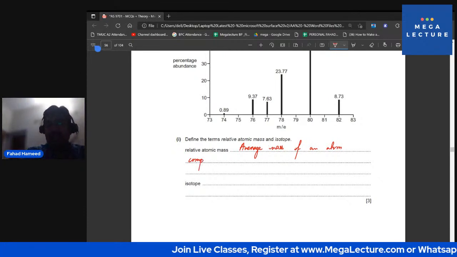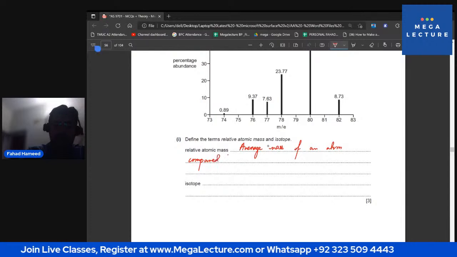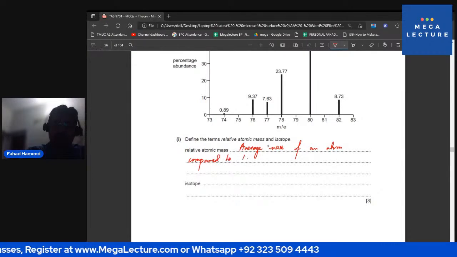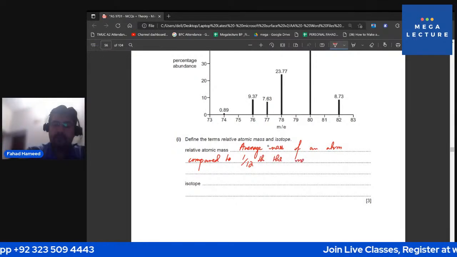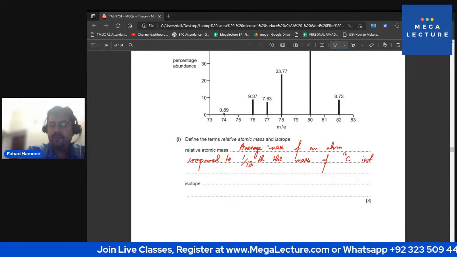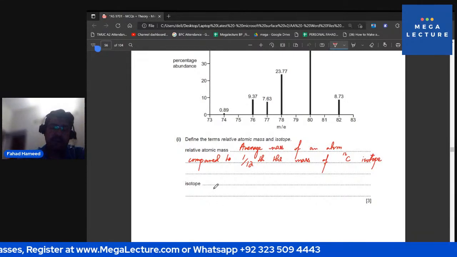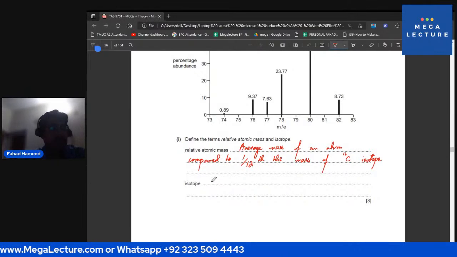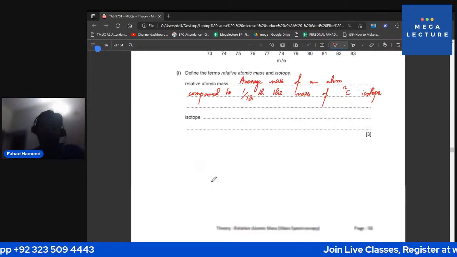Because you're calculating the average of the isotopes. And then they're asking what's the definition of an isotope. It's atoms of the same element having the same proton number but a different number of neutrons.